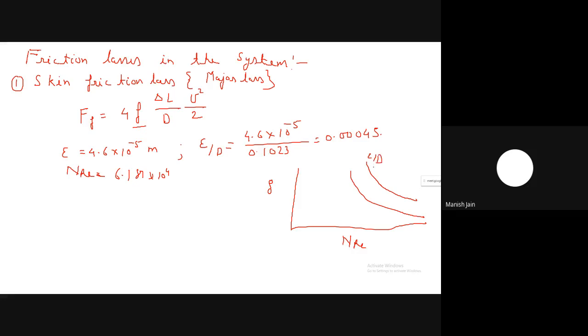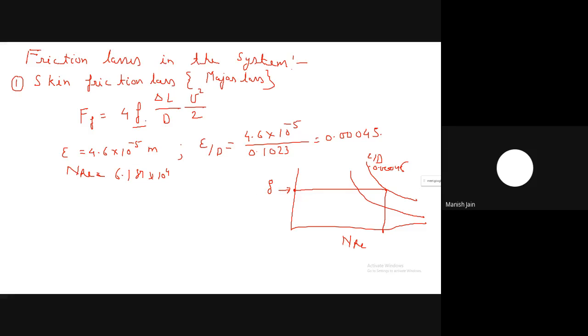Suppose this is the psi by D equal to 0.00045. So just move from the NRe value 6.181 multiplied by 10 to the power 4, take this value, go up to the psi by D value, then move in the horizontal direction. You will get the value of f.